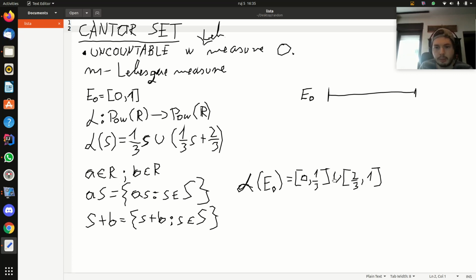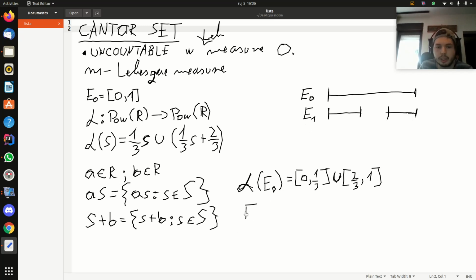So this is going to be alpha of E0. So what we've basically just done is we've removed the middle third from E0. Okay, and we're going to call this E1.